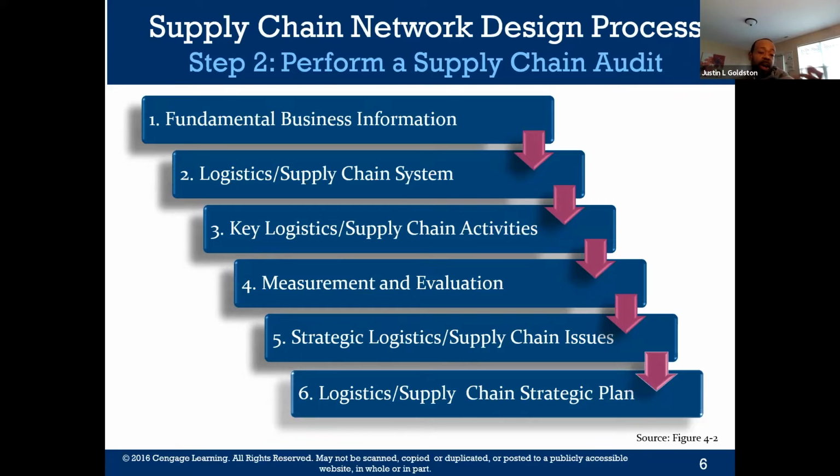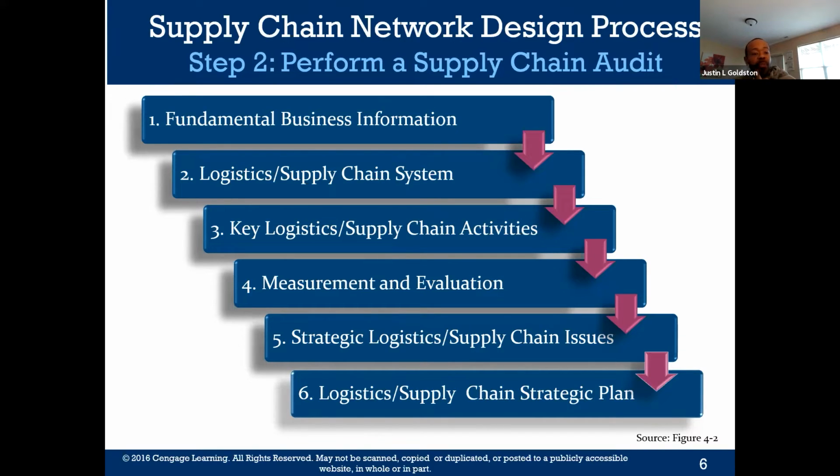We're going to collect all this data to understand what is the current state of our supply chain network, good or bad, right? So once we have performed that current state assessment, then we say, okay, what does the future look like? How do we want our future supply chain network to look? And that's the importance of that supply chain audit.